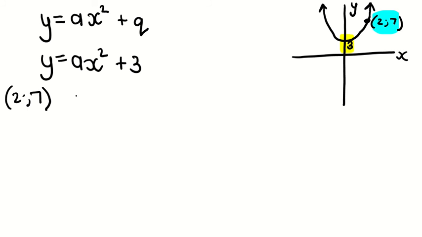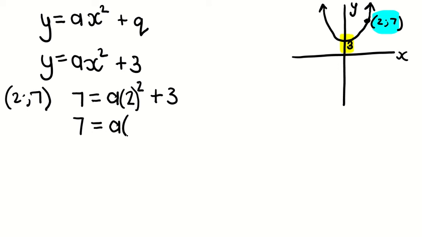Okay. So the y is going to be 7, so it's going to be 7 equals a times 2 to the power of 2 plus 3. You can put that 2 in brackets if you want. Okay, so dit is eintlik 7 is gelyk aan a maal 4, because 2 to the power of 2 is 4, plus 3.